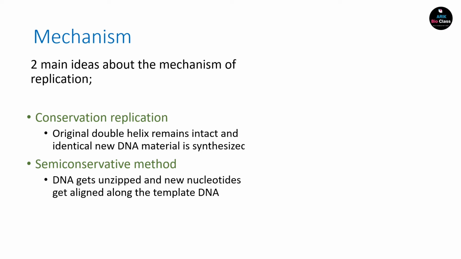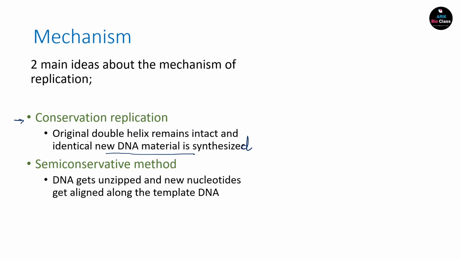Basically, there are two main ideas about the mechanism of replication. The first one is conservative replication, where the original DNA helix remains intact and the identical new DNA material is synthesized. Conservative means the first one is conserved.